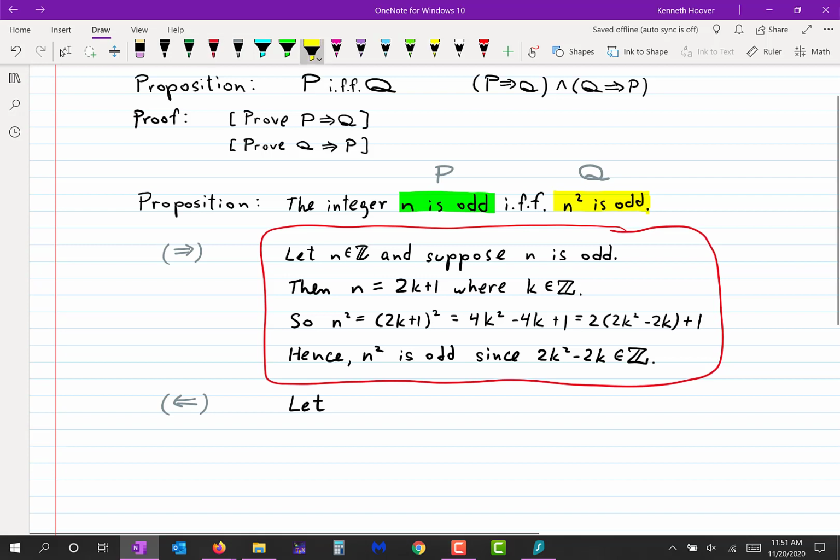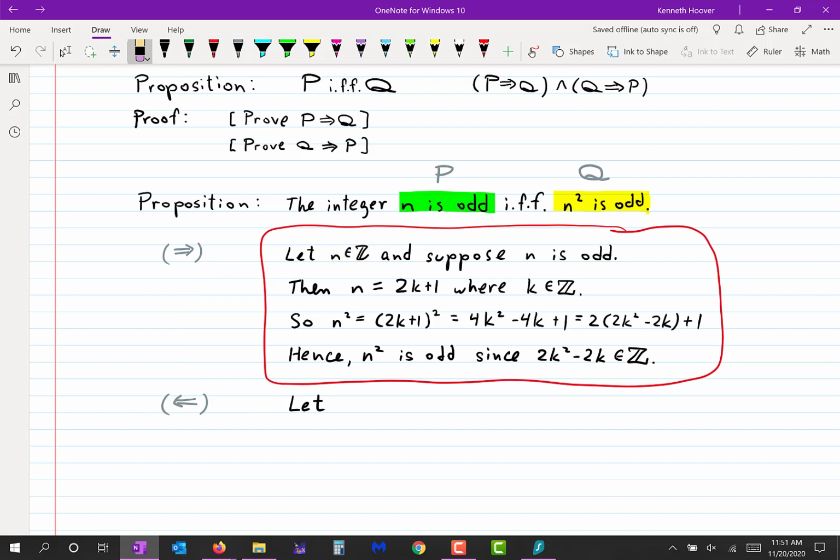So what I said here, let n be an integer, that is not automatically going to carry over to here, because that was part of a sub-proof that has now ended. Okay, does that make sense?